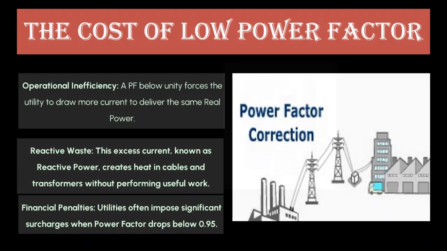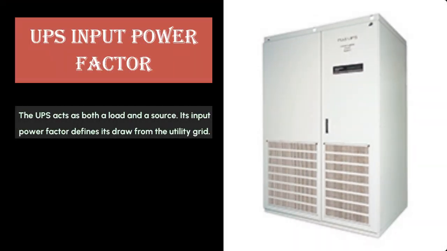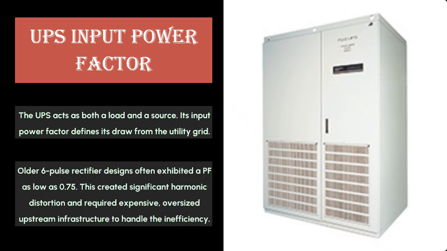UPS input power factor. Our uninterruptible power supply, or UPS, is the first critical component we must analyze. The UPS acts as the primary load on the utility grid, and its input power factor is crucial.